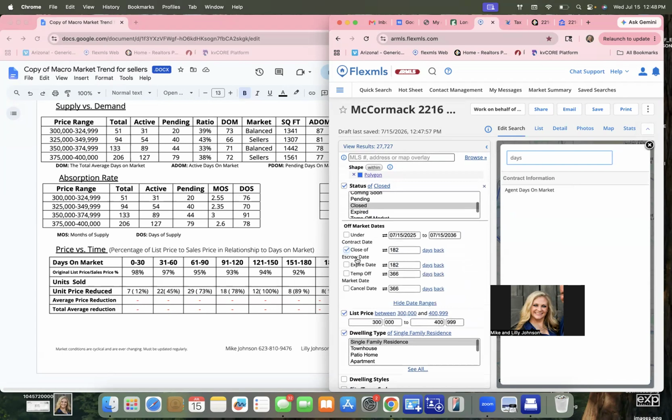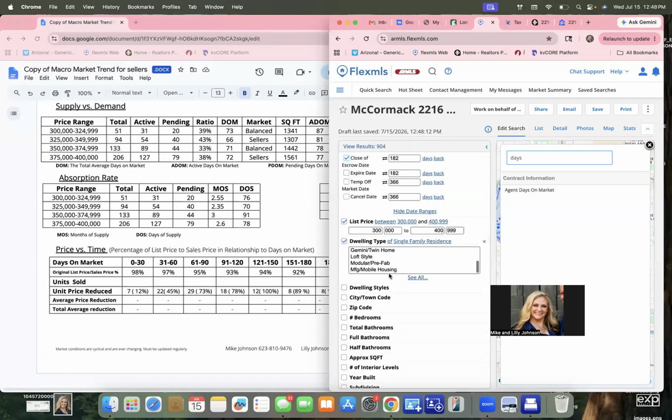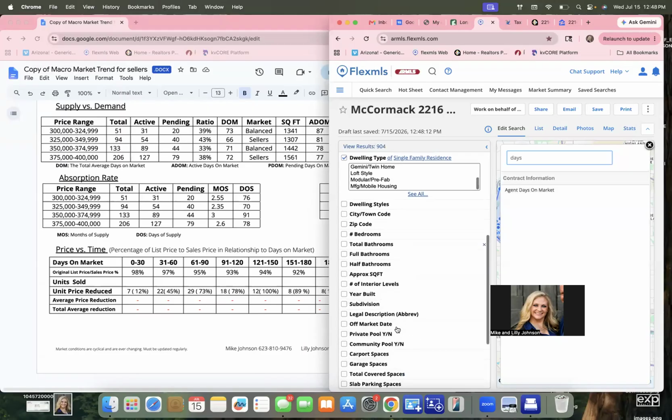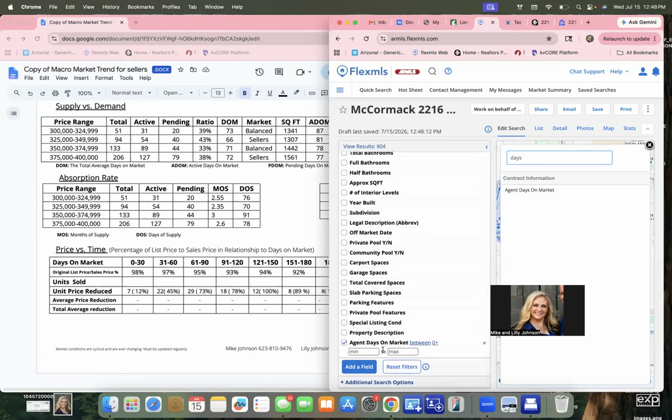I'm just going to click that right there since we took away the active and pending and all the other in-betweens. I'm just doing closed. So I have that 182 in there that I like, and you'll notice I added the agent days on market. The reason I'm doing that is because it's going to change. First I'm going to do 0 to 30, which is our first bit right here. I wonder if I'm going to run out of time. I hope not.